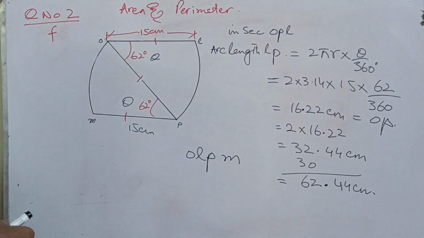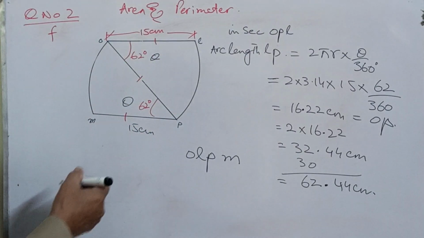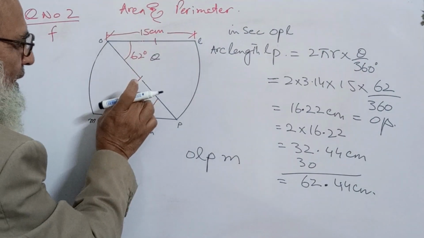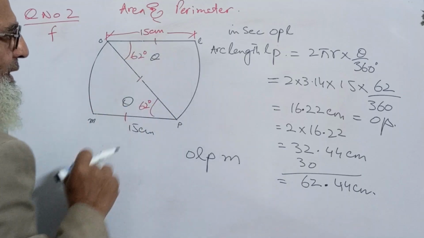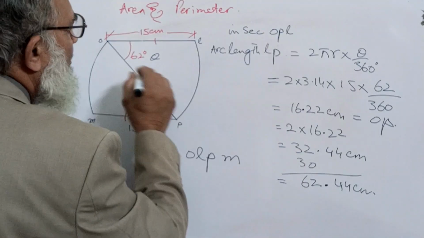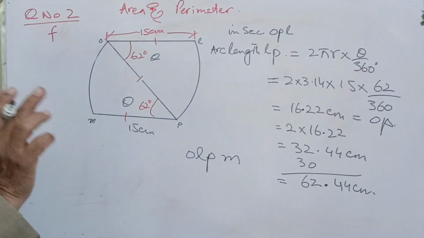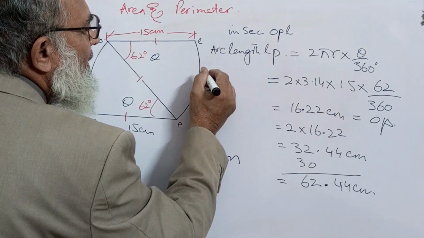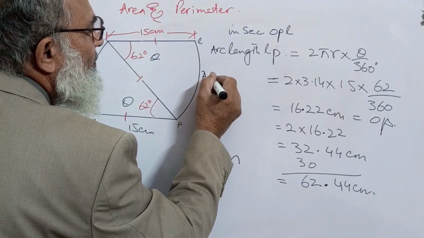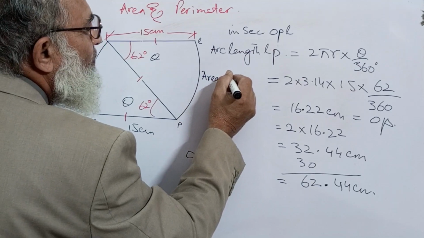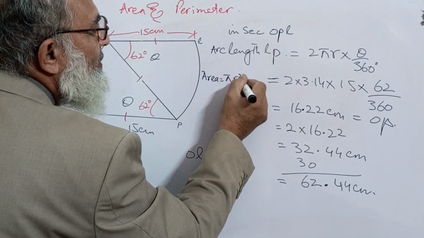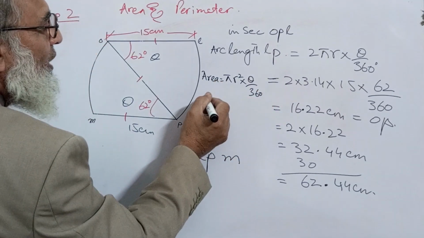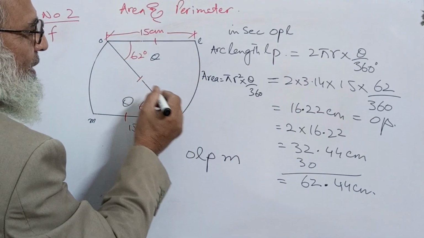Since we have found the perimeter, I am going to find the area of both the sectors now. I have told you that both the sectors are identical, so let me find only the area of one sector. Area of one sector is equal to pi r square theta upon 360 degrees.